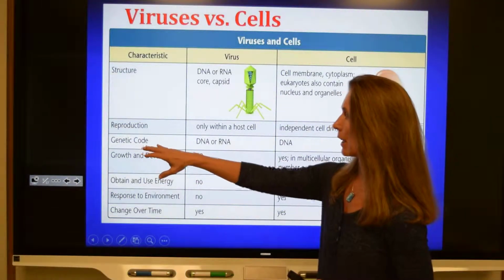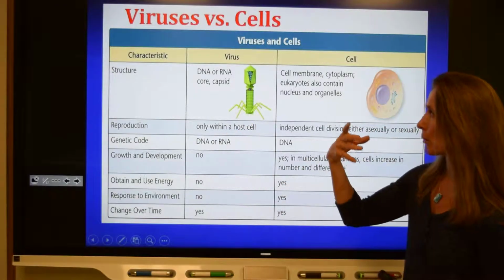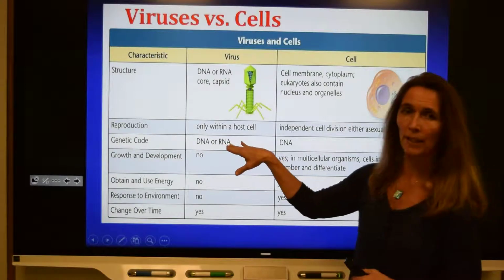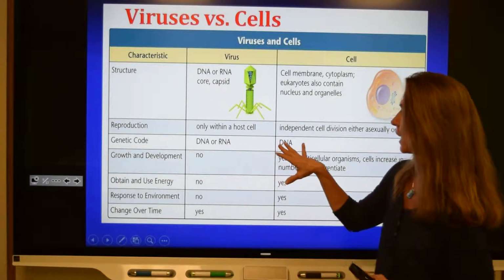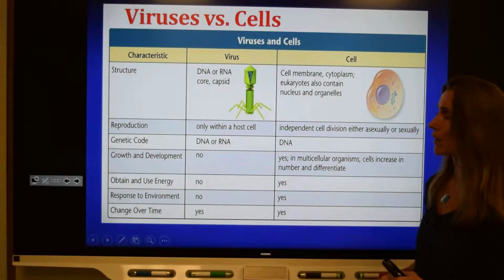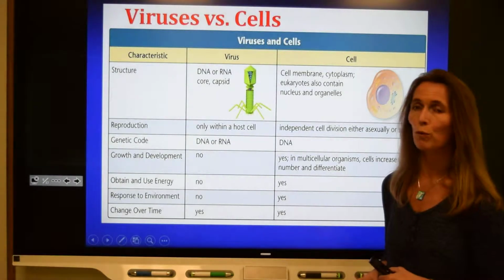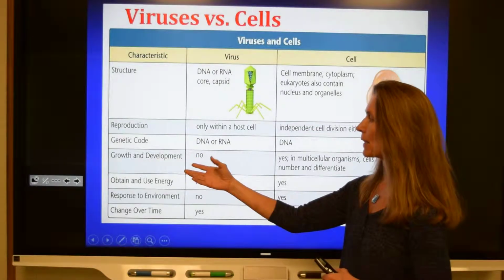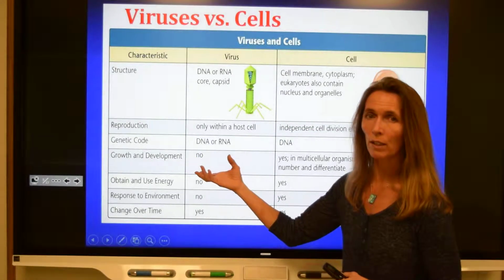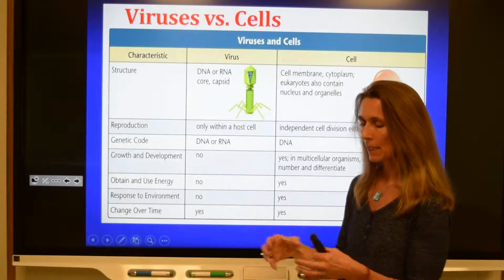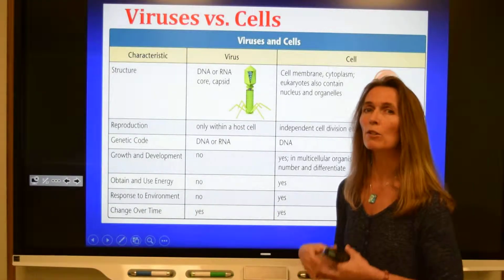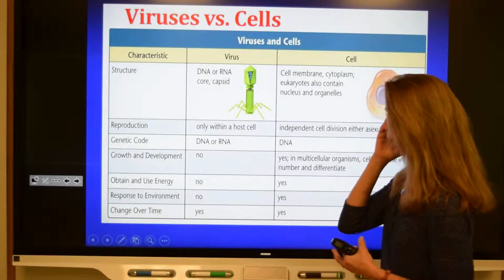Genetic material in viruses, depending on whether it's a retrovirus or not, is either DNA or RNA in case of retroviruses, and usually in other cells the genetic material is found in the form of DNA. Growth and development is not present in viruses. The virus is assembled within the host cell and then released from the host cell, and it doesn't develop afterwards.